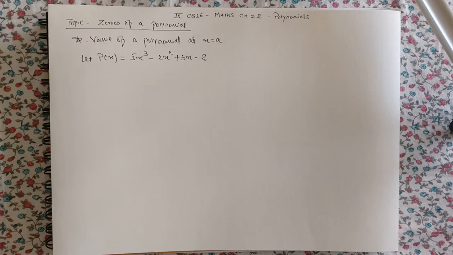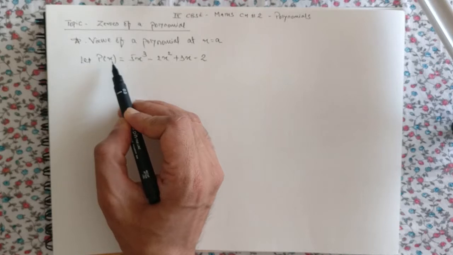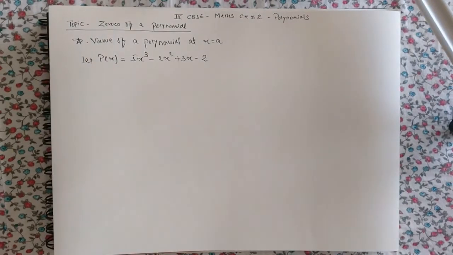This name can be p of x, q of x, g of x, h of x, and so on. So here I have given the polynomial name p of x, right? So p of x is 5x cube minus 2x square plus 3x minus 2.